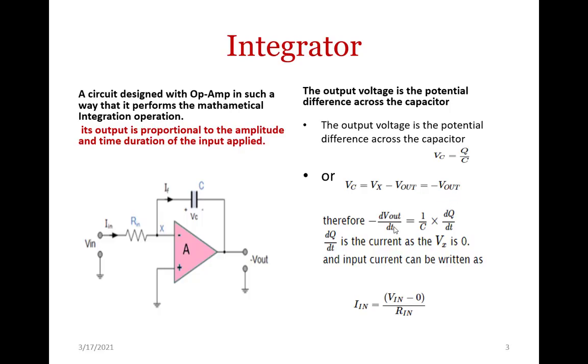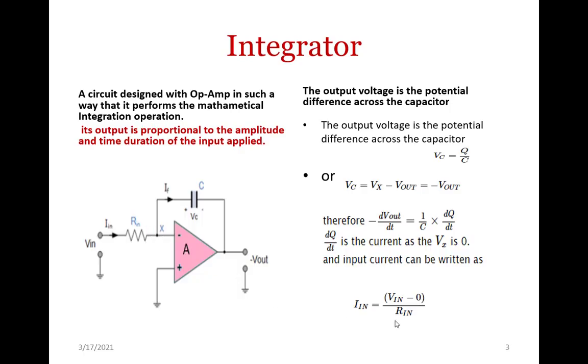And now, if we take the differential of this, what do we get? The voltage across the capacitor is equal to minus V out. We replace this here. So, it is minus dV out by dt is equal to 1 by C into dq by dt, and this dq by dt is the current as Vx is 0. So, now the input current can be written as I in is equal to V in minus 0 by R in.